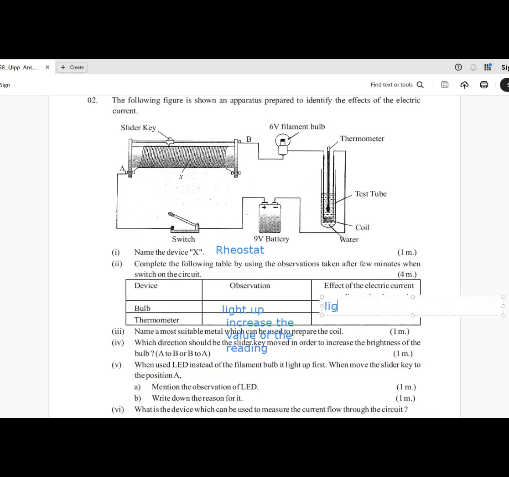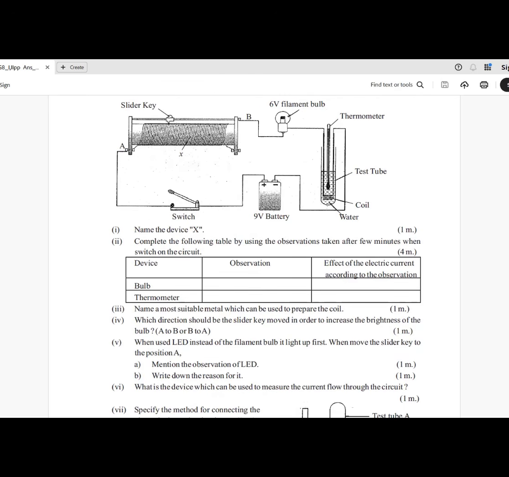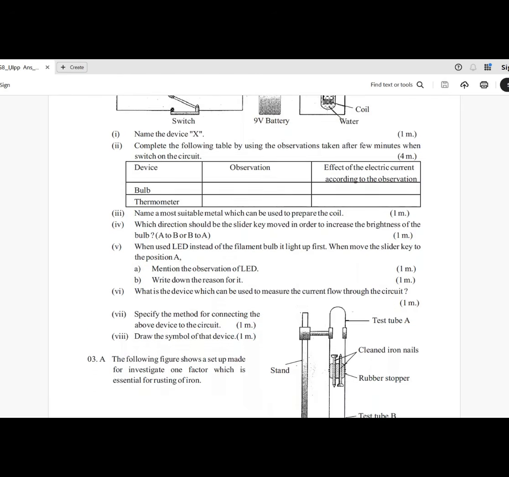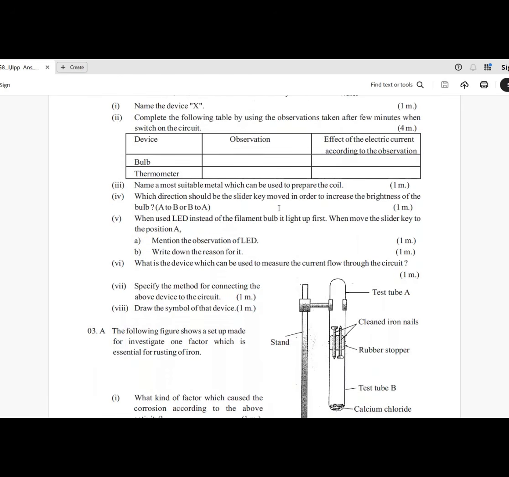Here the light is emitting, so light effect should be written here. And thermometer, it is heating, because heat effect can be seen here. Roman number 3. Name a more suitable metal which can be used to prepare the coil. Answer, nichrome. It is heating faster than the other kind of conductors like copper. That's why we are using nichrome here.